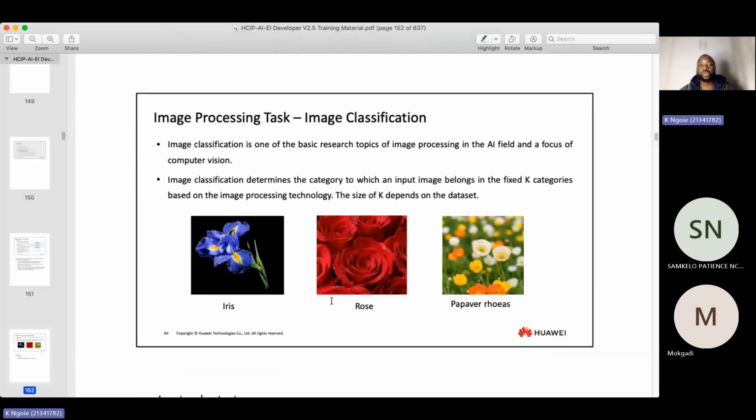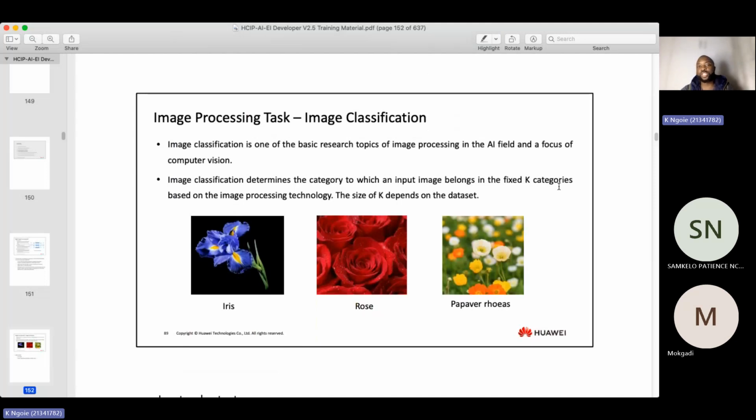As soon as the image has been processed and identified through a neural network, we can now move to image classification. If we want to classify images, we have categories in which the images are going to be classified. So the AI is going to learn from this data and be able to classify.